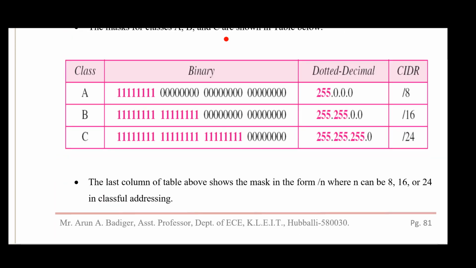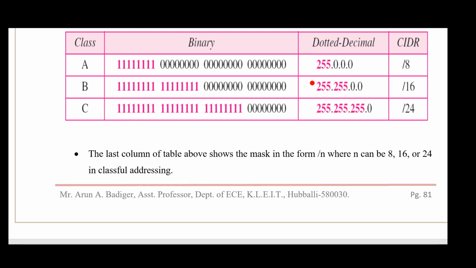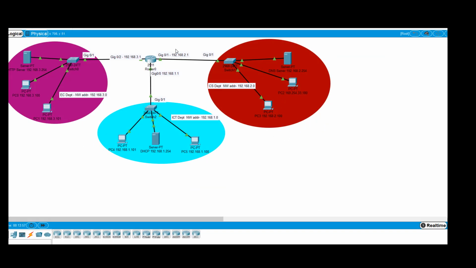Okay. So before that, I want to show you how masking can be done. If I take a network here, you can see the network address is 192.168.2.0. So how do we find this? Let me show you. If I take 192.168.2.100, this is the IP address of a device.